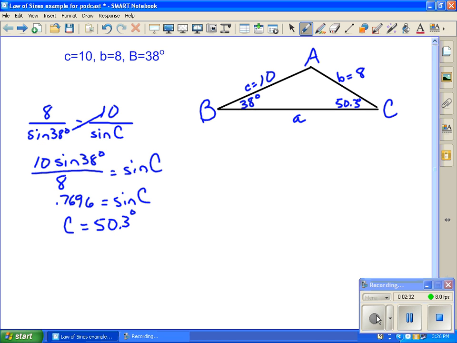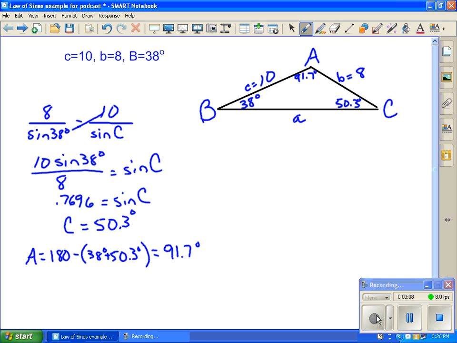Well, if that's 50.3 degrees, then you're going to add 38 and 50.3 and subtract it from 180 to get your last angle. So angle A will be 180 minus whatever 38 plus 50.3 is. And you get 91.7 degrees. So this angle A at the top is 91.7 degrees.